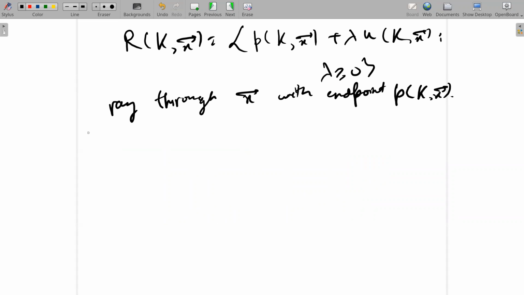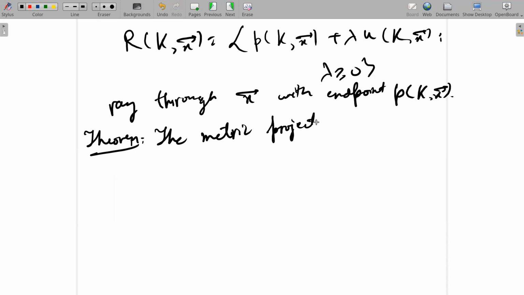So this is some basic notation. Here's another important property of the metric projection: the metric projection is a contractive map. So what does that mean?